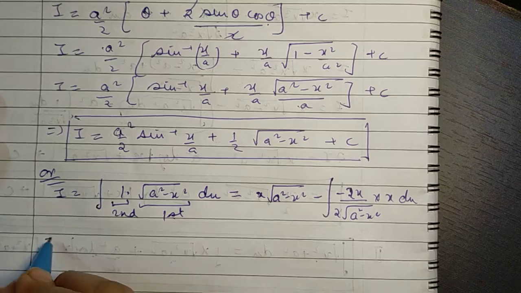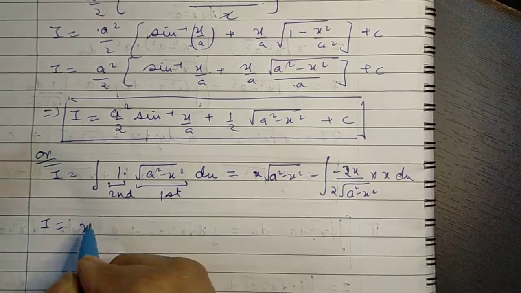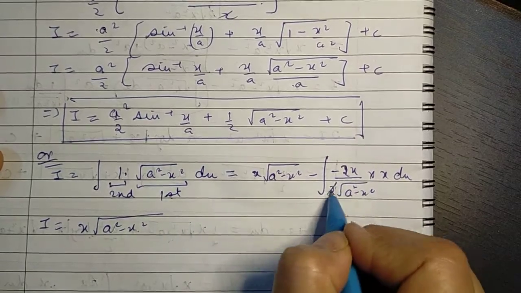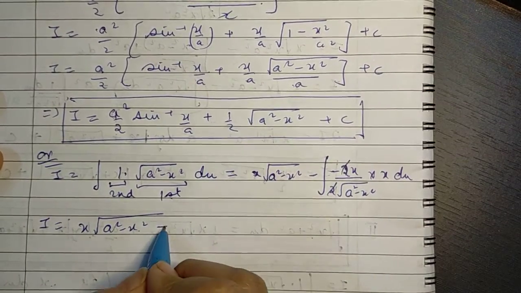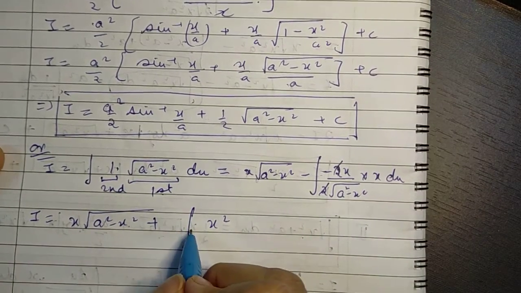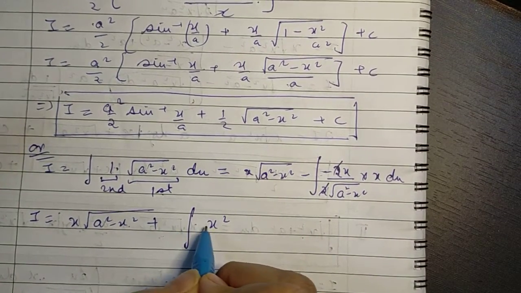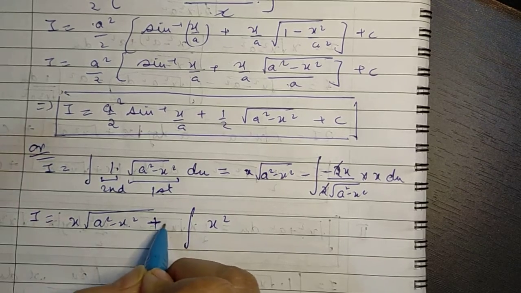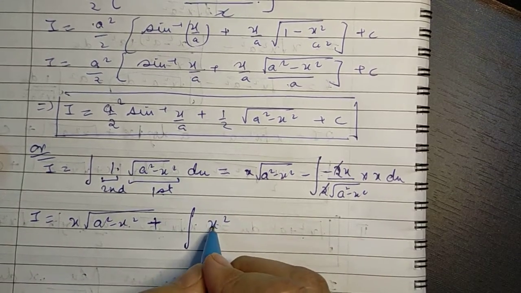This can be written as I is equal to x under root of a squared minus x squared. Now 2 and 2 get cancelled, minus of minus is plus, and we get x squared. Now this can be written as, you just let it be minus only, or you just write it as x squared.